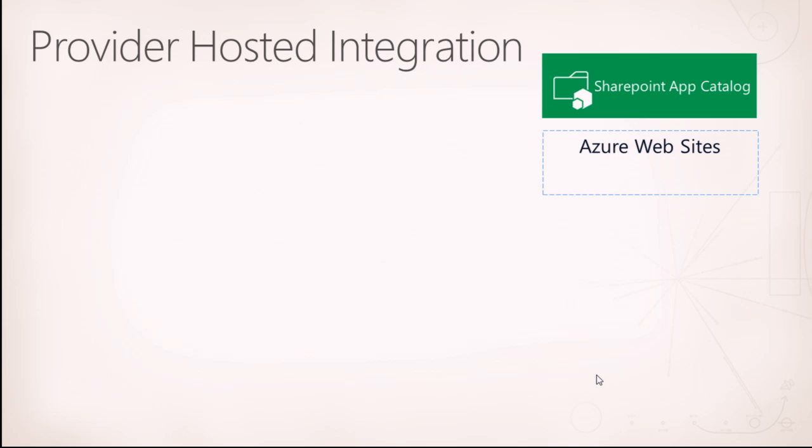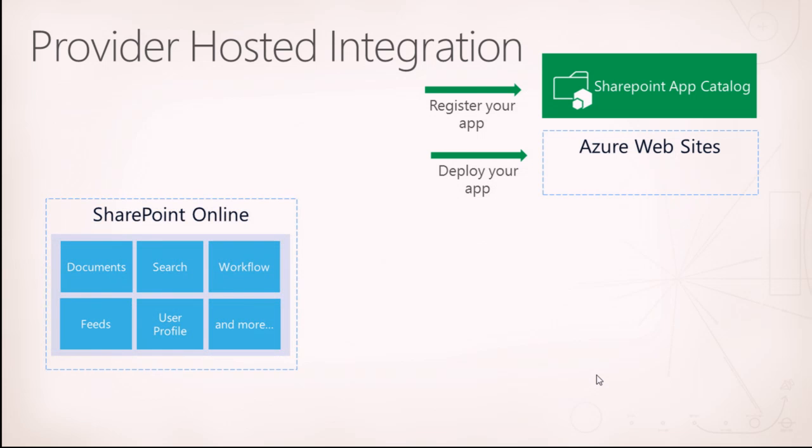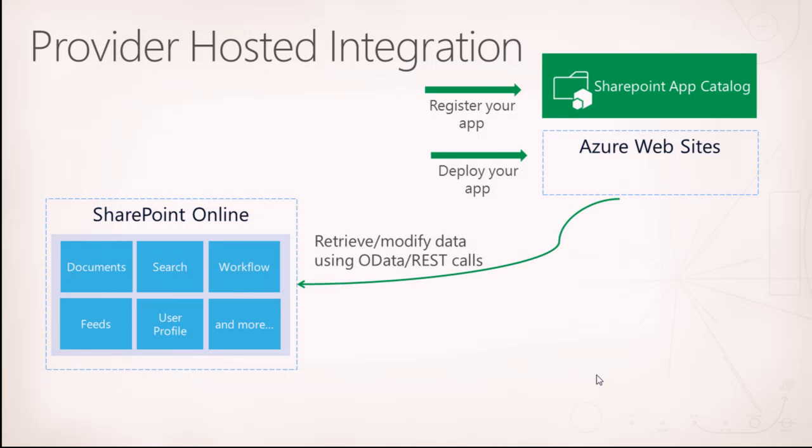We basically end up doing two things when we write a provider-hosted app. We register some information about the app with SharePoint. We then take the web app, the thing that's going to run, and we deploy it somewhere, in this case, up into Azure websites. And then once that happens, the code running inside of that Azure websites app can make all kinds of REST API calls into SharePoint Online and get full access to the functionality that's available there.